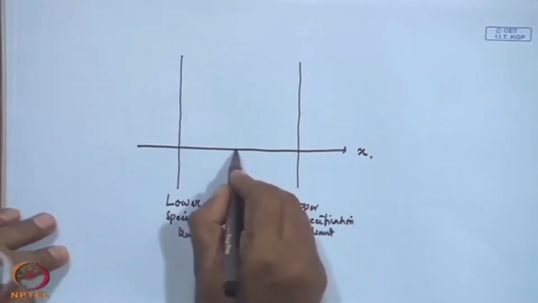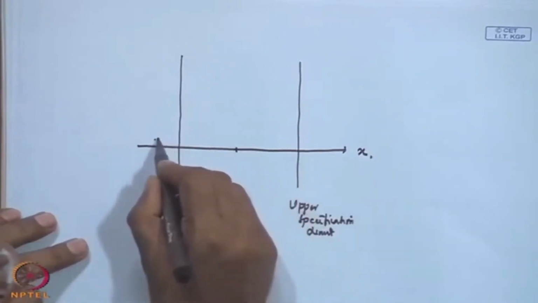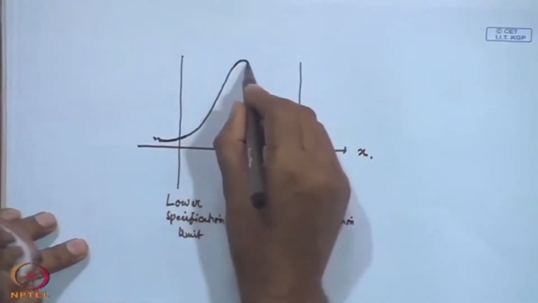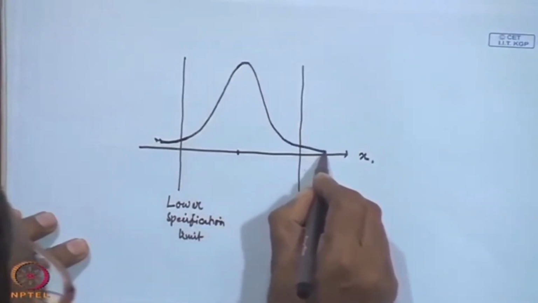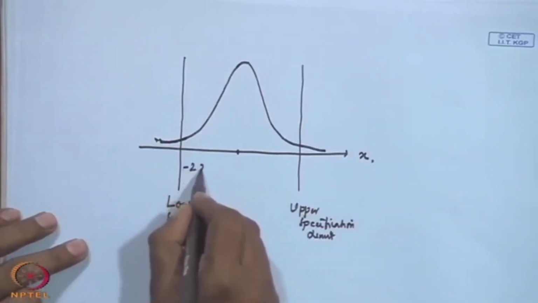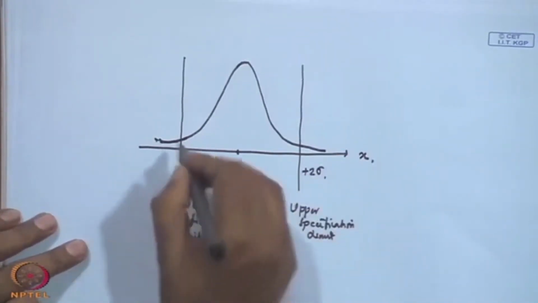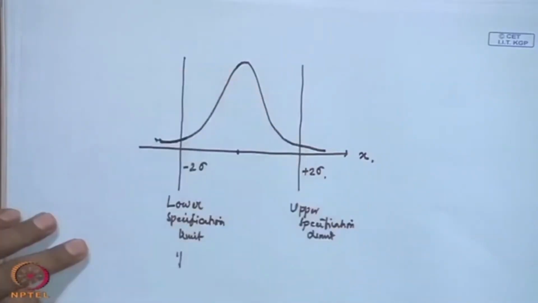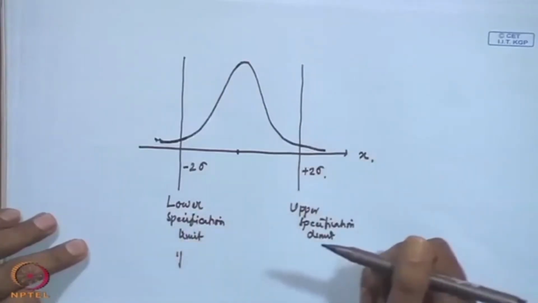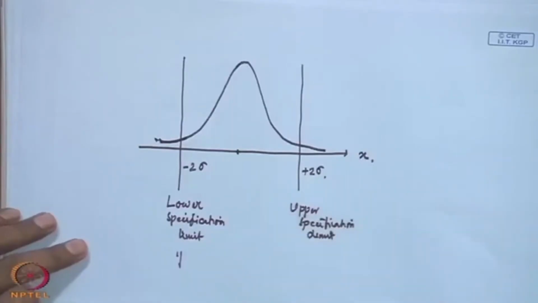Then what will happen ultimately? Suppose this is the mean, this follows a normal distribution, and your distribution may be like this. Let it be minus 2 sigma to plus 2 sigma. Almost 5% of your production is rejected product, because the customer will not accept it.